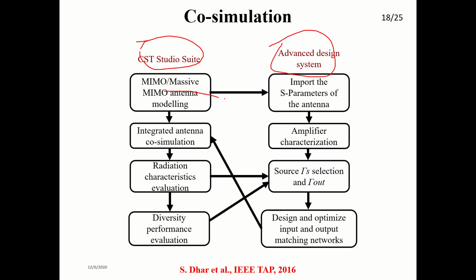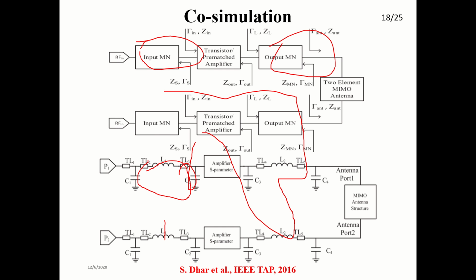You design an antenna, import the S parameters of the antenna, then do amplifier characterization, optimize, and these outputs come into the integrated co-simulation. Then comes radiation characteristic evaluation, which means after designing the amplifier along with the antenna, there should be a change in the radiation characteristics, and we need to evaluate that. Finally, diversity performance evaluation and polarization, multiple things will happen. This is how it will look.